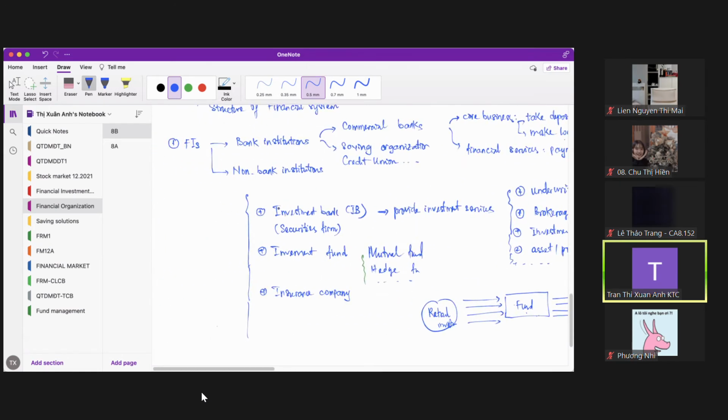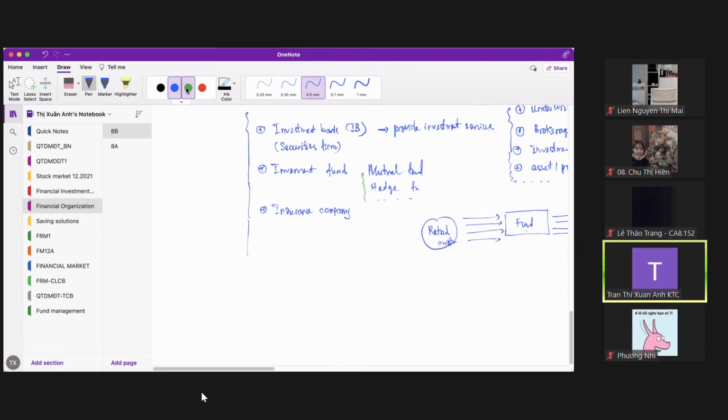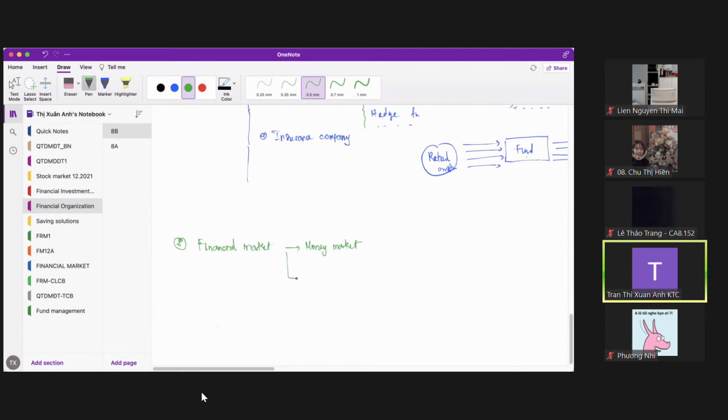Okay, so that is the first component, referring to financial institutions. The other one refers to financial markets. In detail, financial markets include the money market and the capital market.